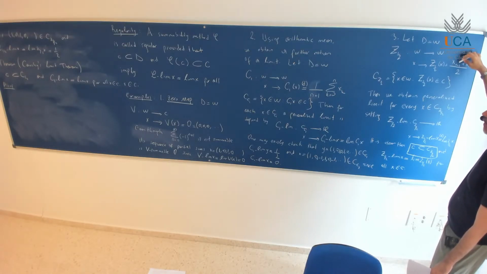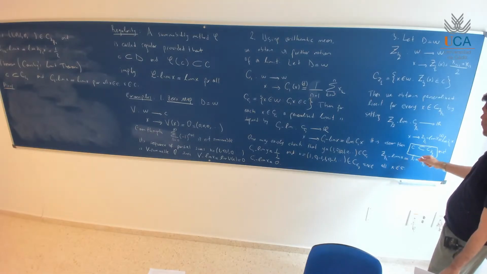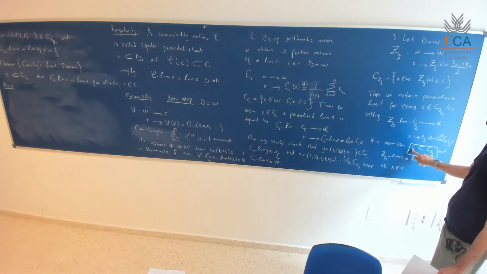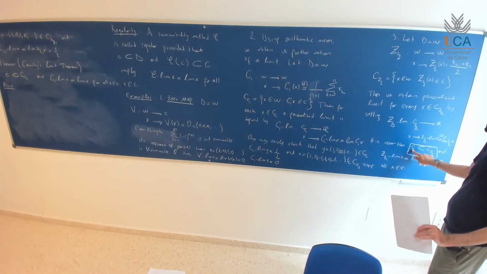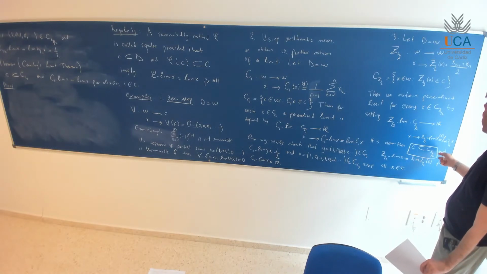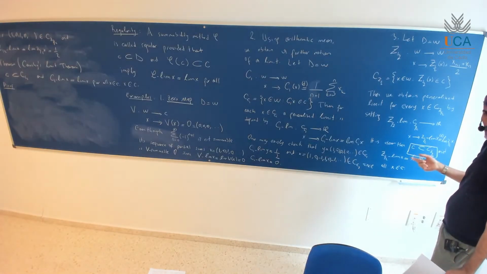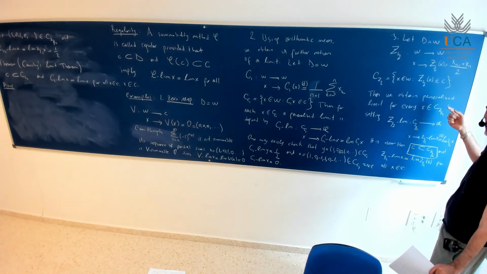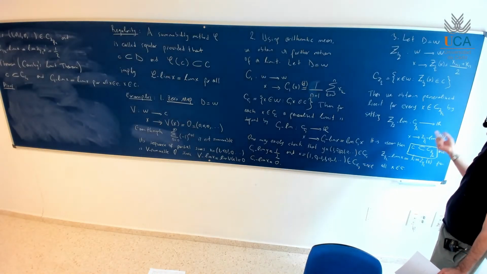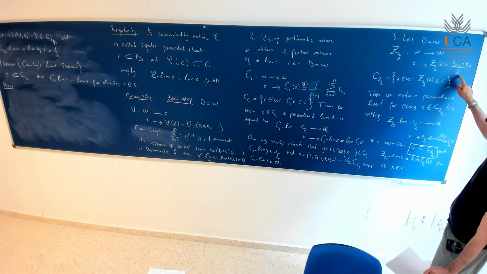Right? We know that xn is a convergent sequence, so every subsequence of xn should be convergent. If we sum two convergent sequences, we will have a convergent sequence, and we divide it by a scalar, which is 2 here.